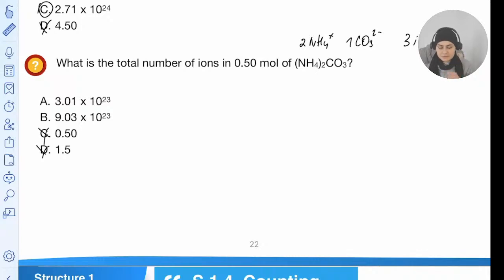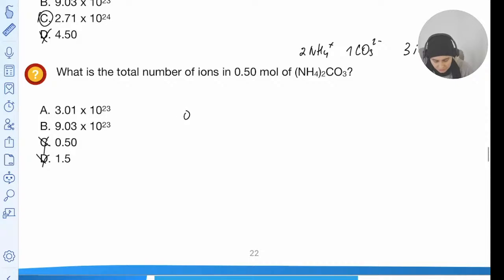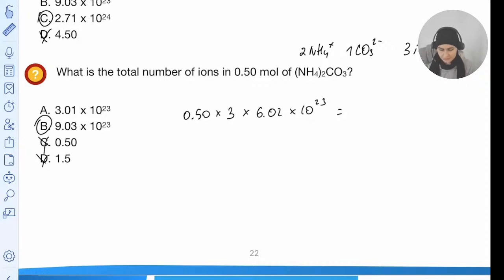Okay, 3 ions in one formula. So you do 0.50 times 3, yeah, that's moles of ions, and times Avogadro's constant. 0.5 times 3 times 6.02 times 10 to the 23rd, which is 9.03 times 10 to the 23rd.